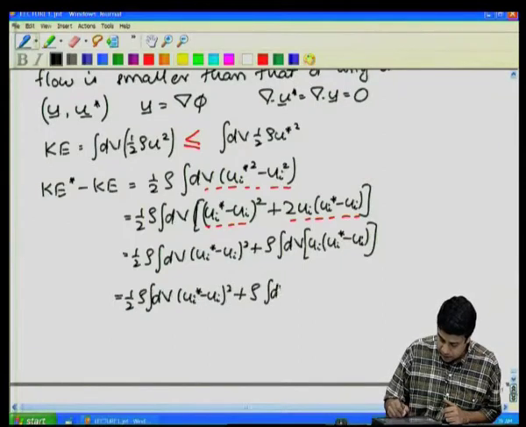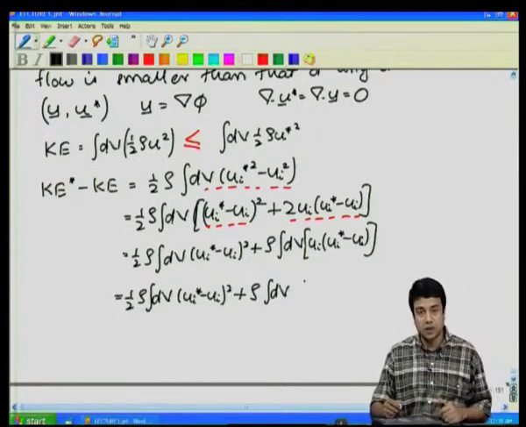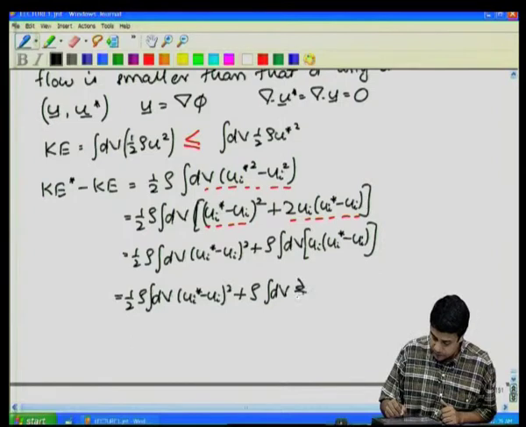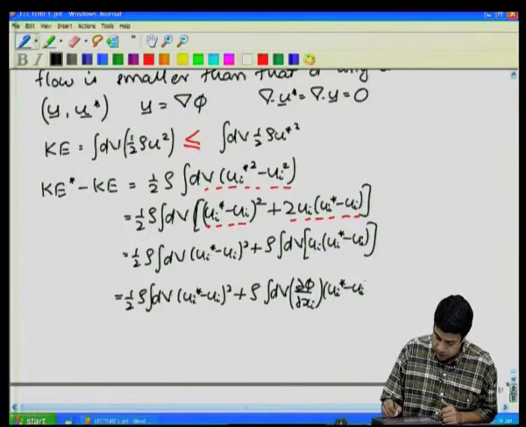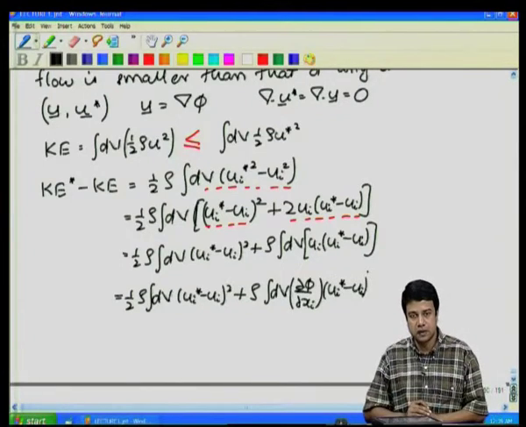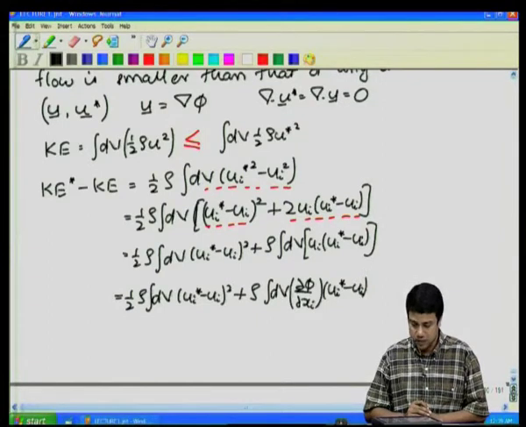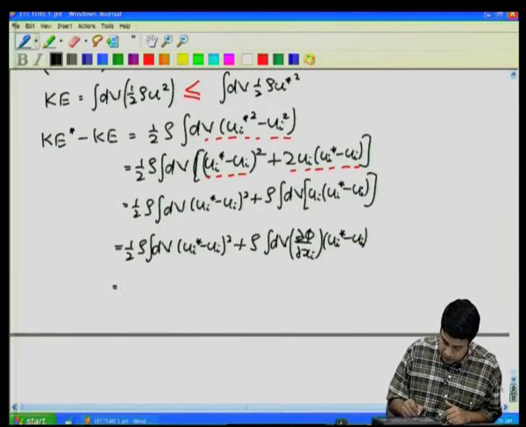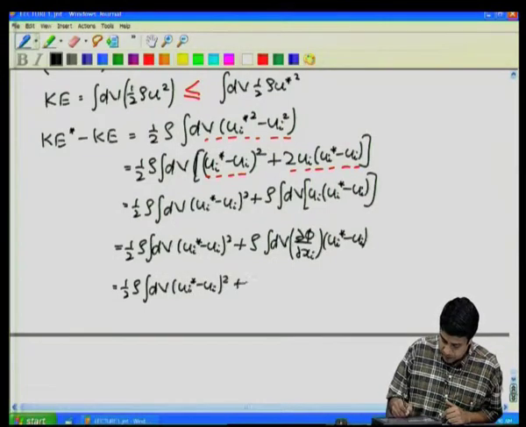Rho integral dV of ui, which is the solution of the potential flow equation. So, I can write ui as the gradient of a potential, times ui star minus ui, and by now it will be familiar what we are about to do. Okay, we are going to integrate this by parts.